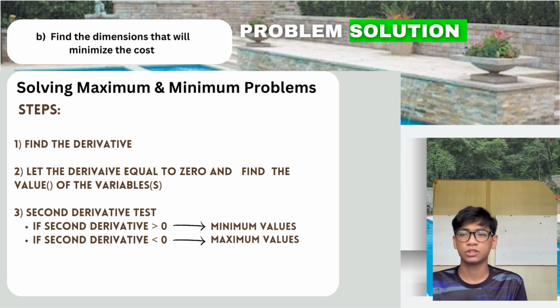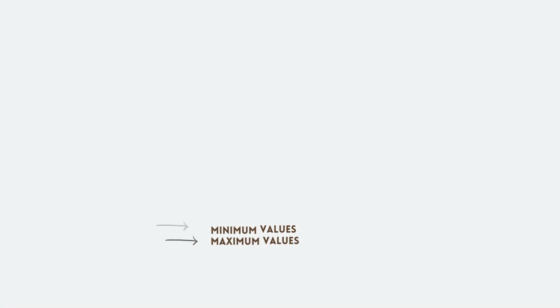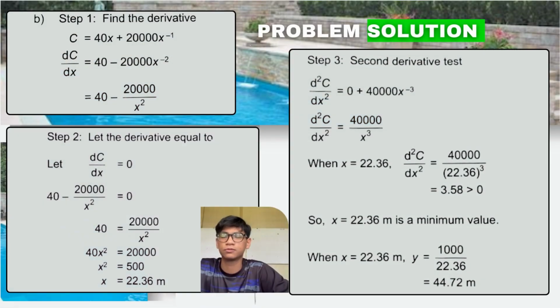This step is important in order to determine whether it is a minimum or maximum value. If the second derivative is bigger than 0, then it is a minimum value. Else, if the second derivative is below 0, then it is a maximum value. Let's move on to the problem solution.